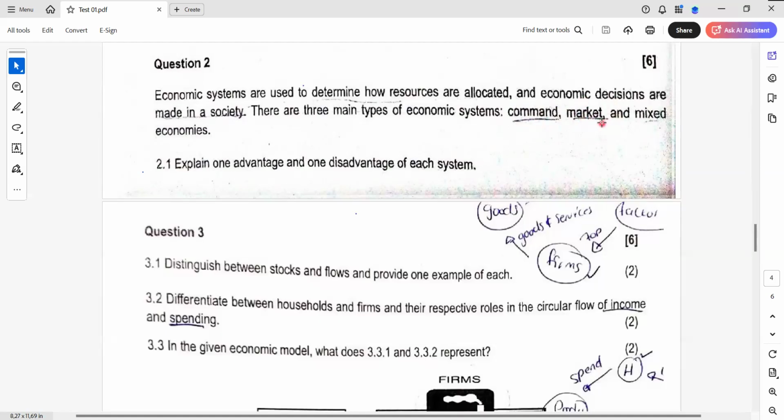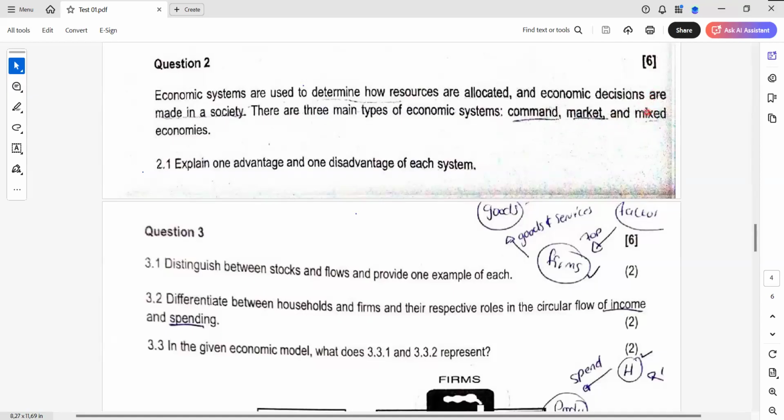If you're producing a better product than your competitor, then you have an incentive there because you're going to add more revenue, obviously. And then the mixed economy. In the mixed economy, that is basically the combination of the market and the command, right? That is where we say the government takes care of our needs and the market takes care of our wants, right?